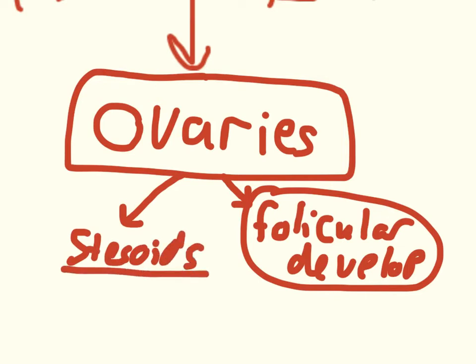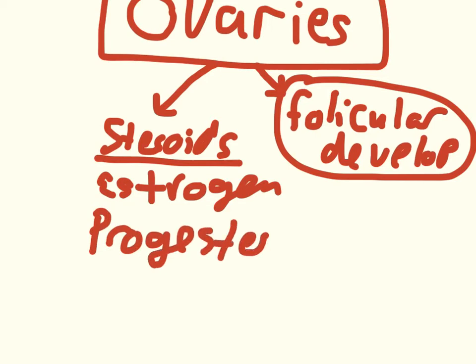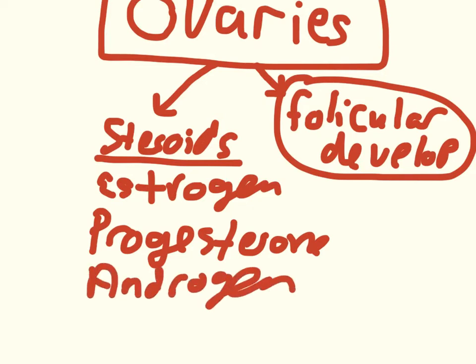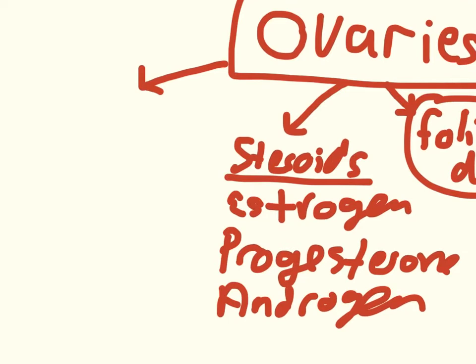Those steroids are going to be estrogen, progesterone, and also you can get androgens, so androgen production. Then the last thing we get from the ovaries is a peptide hormone called inhibin, and so it's going to create inhibin.